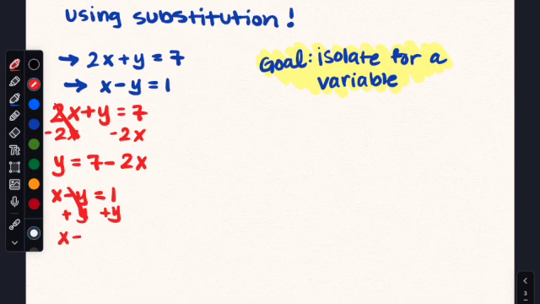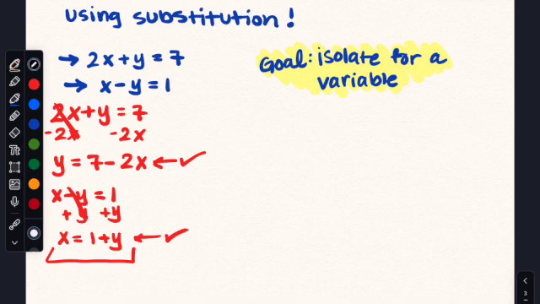And I get x equals 1 plus y. Both of these work. So you can pick whichever one you'd like from here. I'm going to pick this one right here. There's no specific reason as to why I picked it. I just wanted to pick that one, so I'm going to use that one.